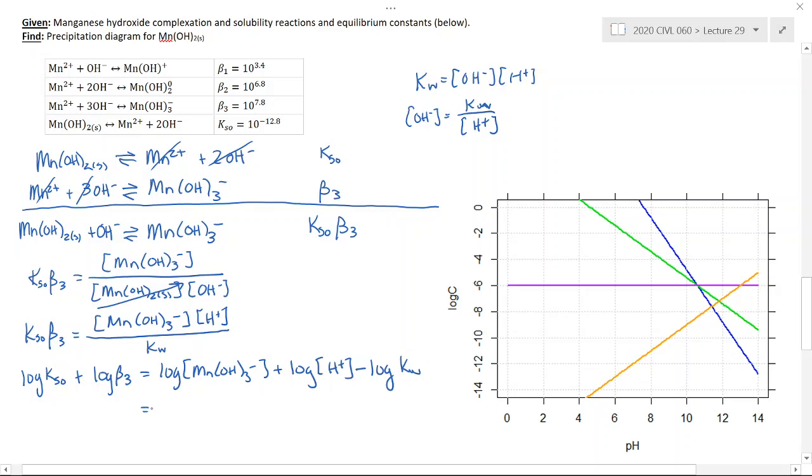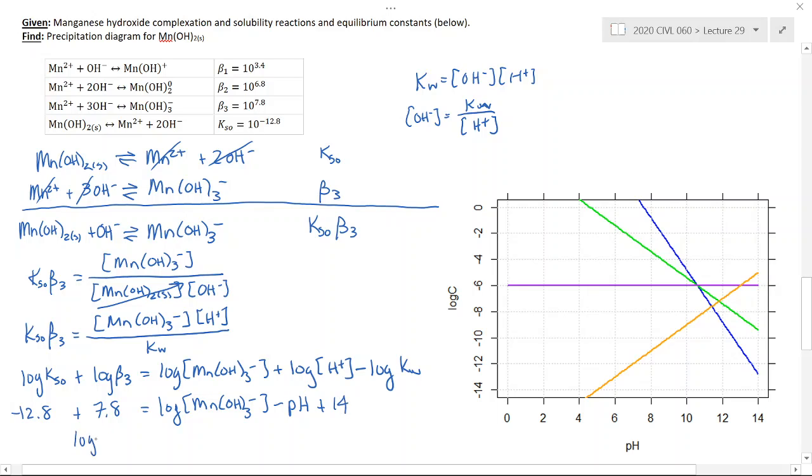I can start making substitutions now. Beta 3 is 7.8, and KSO gives negative 12.8. The log of the manganese complex stays a variable, and pH is negative log H+, so this is going to be negative pH, and this will be plus 14.